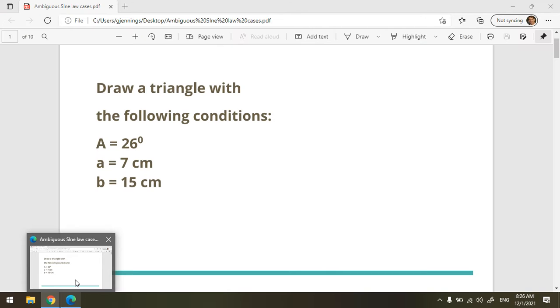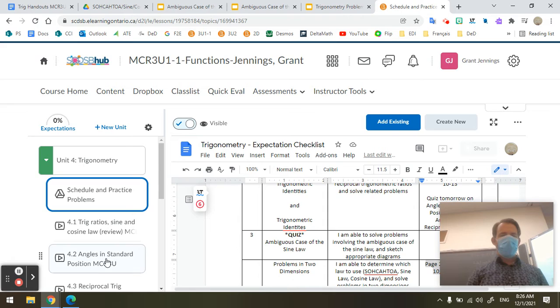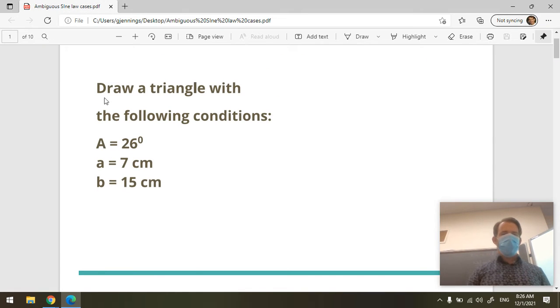In any case, today we have one new topic, and that is to look at situations like this. So I would invite you, on the back side of your handout, to create a triangle with these conditions where we have an angle A. And remember, the way we always label these triangles is that angle A is opposed to side A. So here we go.